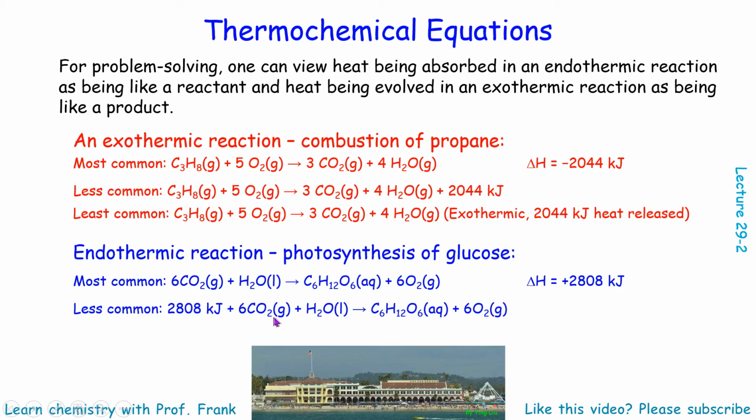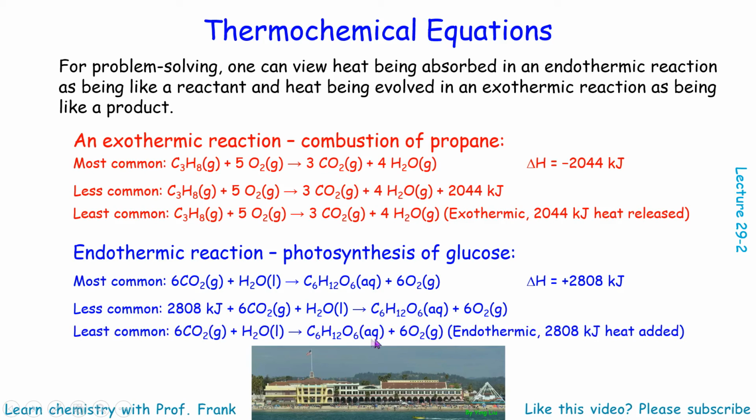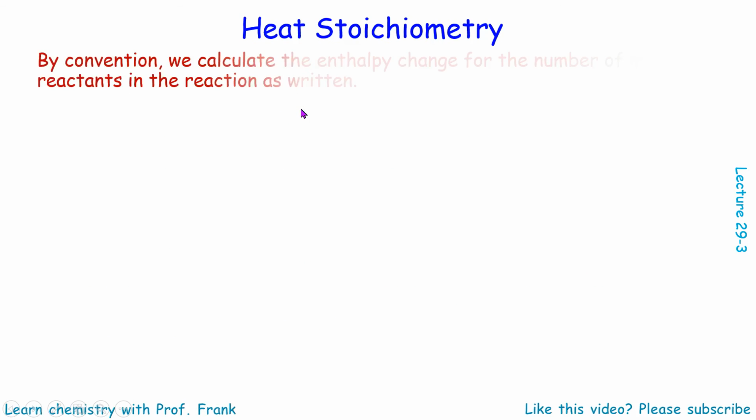A less common way is heat added to the system, or in other words, the heat is treated as a reactant. So you write the heat as a reactant. And the least common way, again, you write the conventional chemical reaction, and then you say it's endothermic, 2808 kilojoules heat needed.